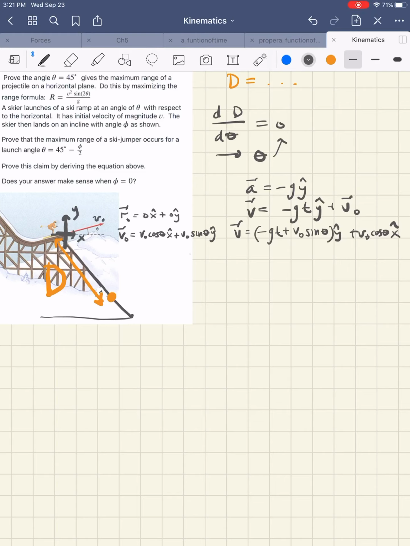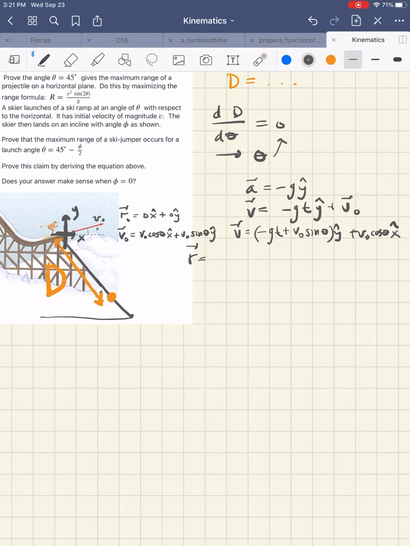Integrate one more time from 0 to t to get position, and then add in the initial position vector. Integrating this, t will become 1/2 t squared. This is all a constant, which integrates to t.